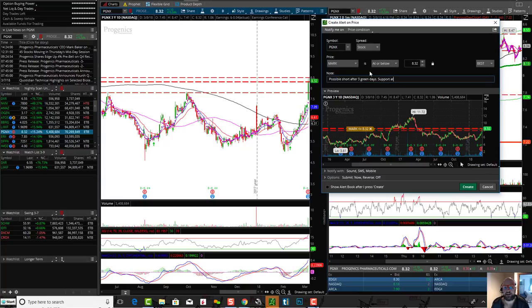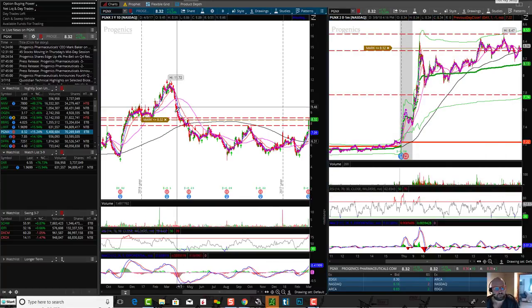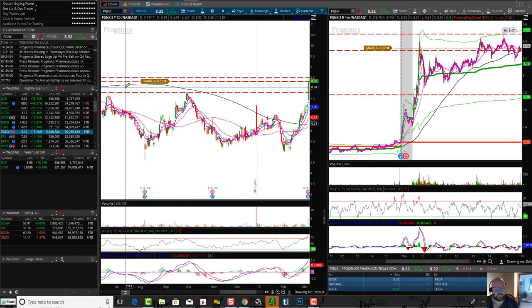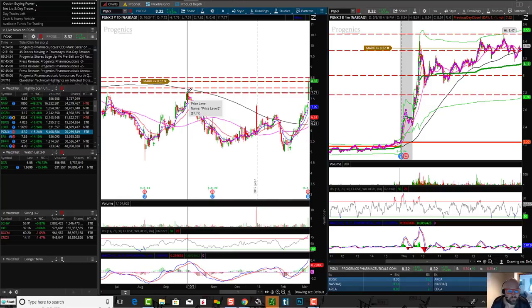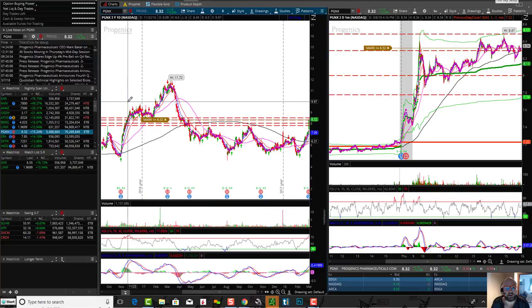Support at 8, and where is this? So definitely put support, of course, right at $8, just because it's whole dollar amount, and 7.77-ish, right at these peaks right here, right?